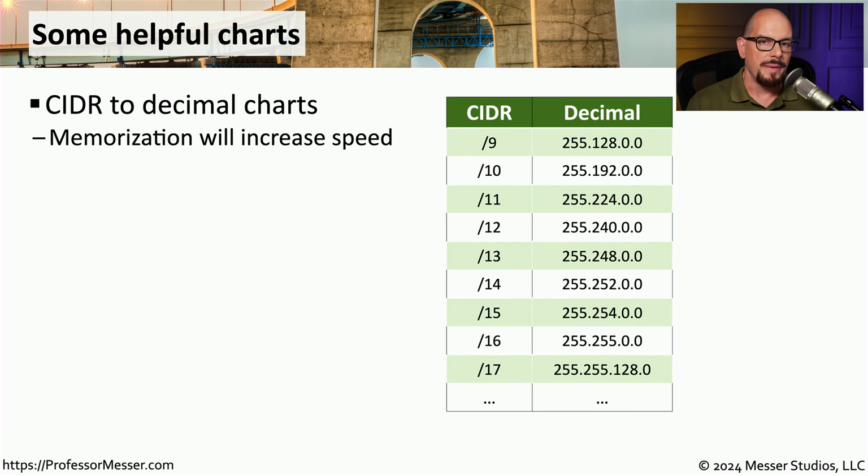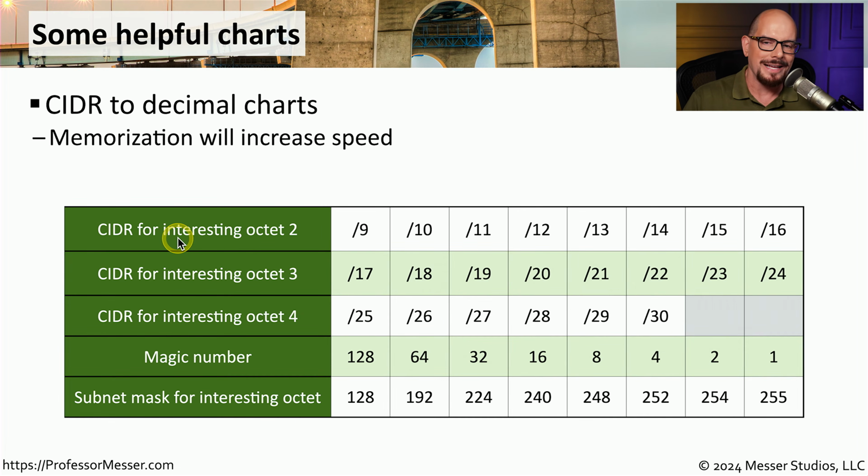In the magic number method, we have a number of different tasks that we perform based on the octet that we're working with. So we might want to modify this CIDR to decimal chart to have something that's a little bit different. For example, the CIDR notation for interesting octet 2 ranges from a /9 through /16.